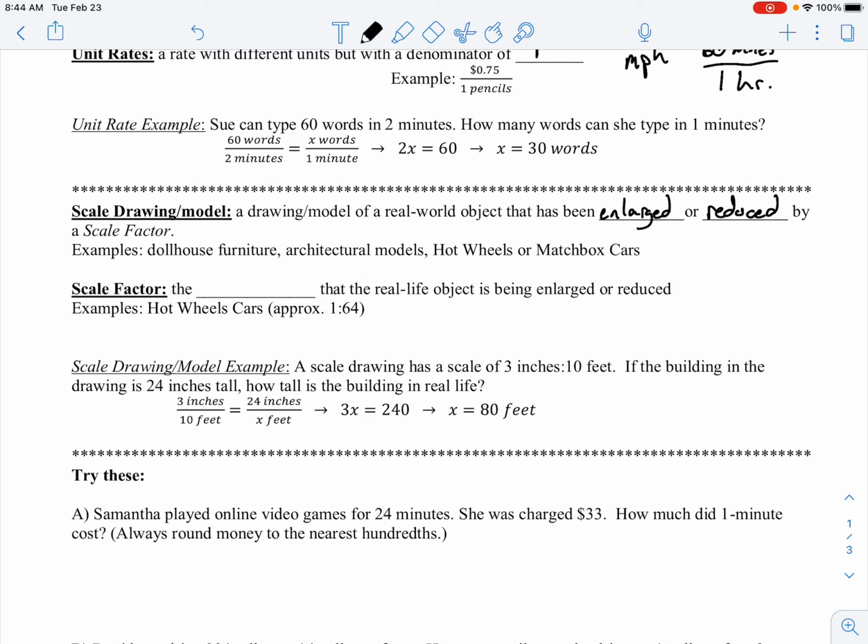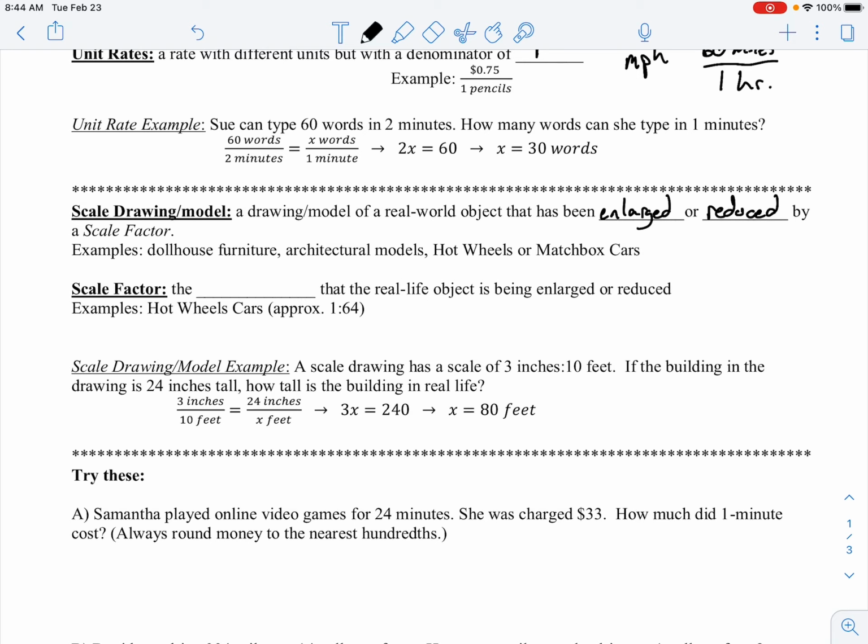So it still looks like it would in real life, just a smaller version. Architect models, people build little models of buildings that are going to be built, or even cities that are getting renovated. They'll build little scale models so that they will look exactly like they will look, just a shrunken down version. And then same thing with Hot Wheels or Matchbox cars. They look like their bigger counterparts, but they've been shrunken down by some scale factor to be a smaller model.